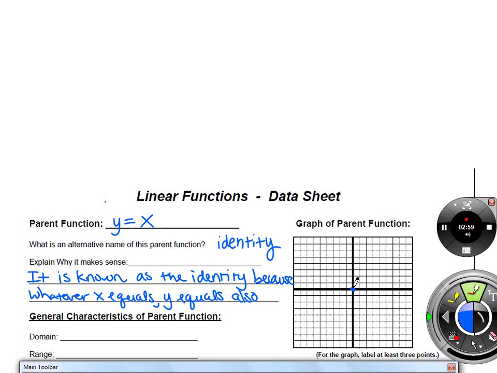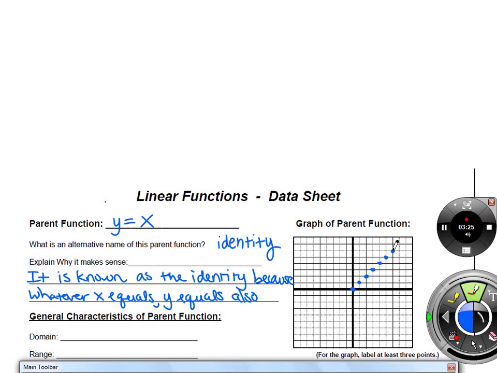Okay. And so how did he know that he needs to go over 1 and up 1? How is he determining that? Why not 5? So there's no number. So what number is here in front of x if there is not a number? 1. So that's what he's getting: over 1, up 1, okay? And if we continue that pattern, 2 points is enough to draw a line, but I can't draw a straight line by myself, so I'll continue the pattern a lot.